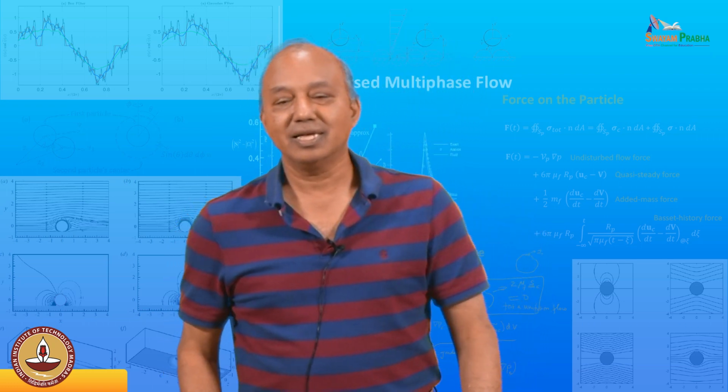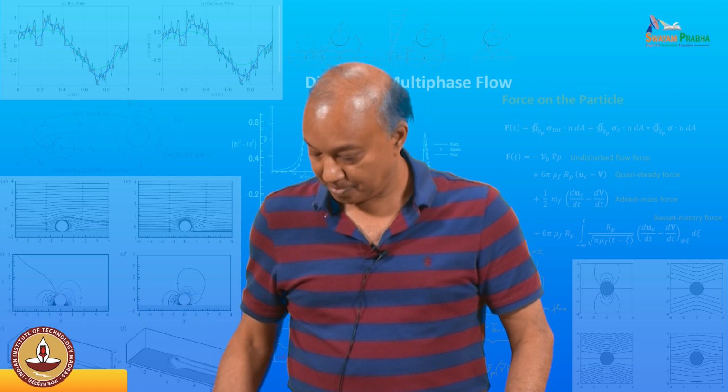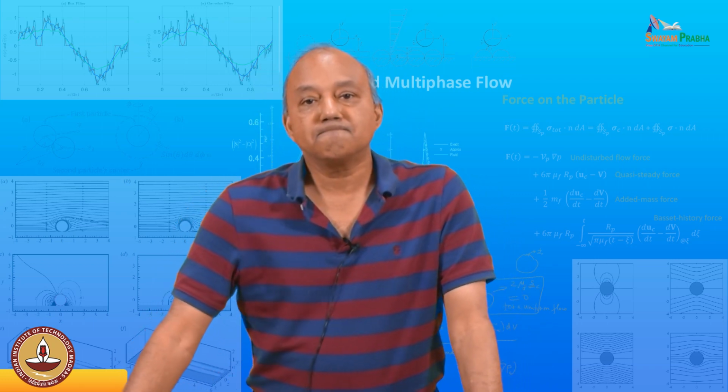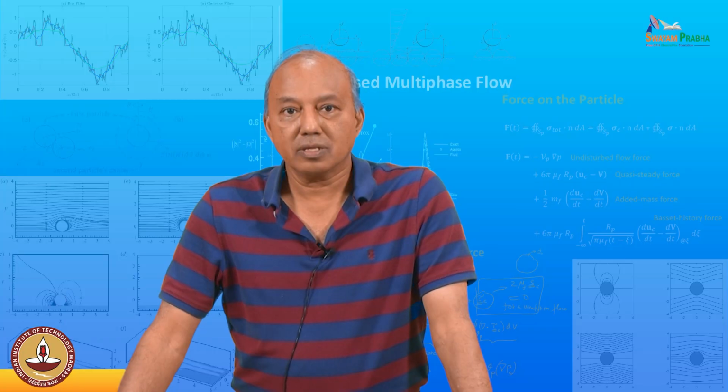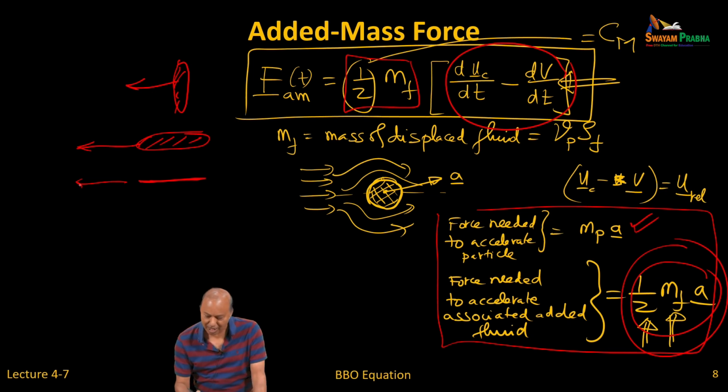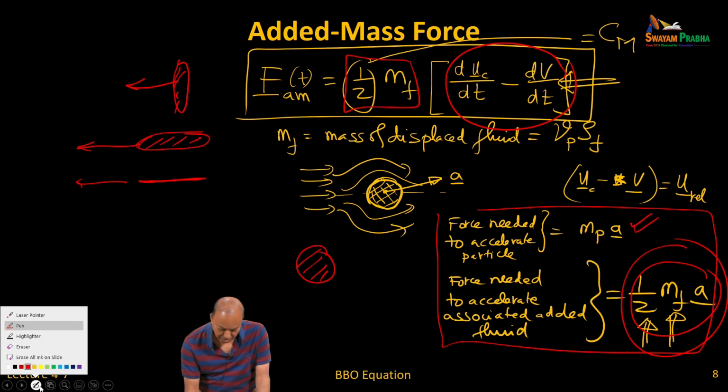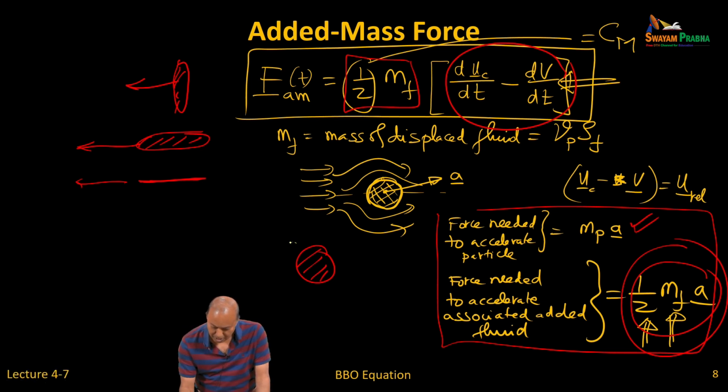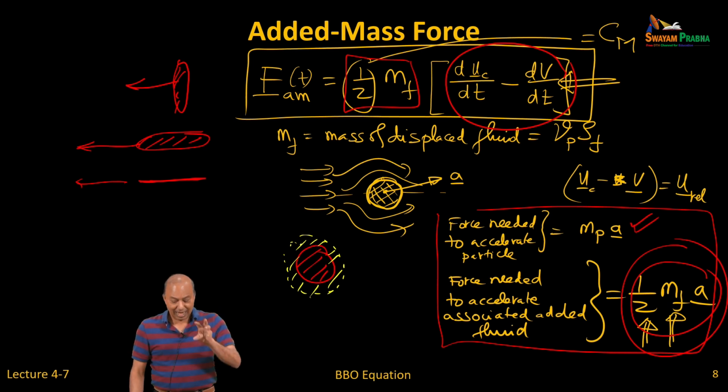Yes. Sir, as far as I have understood, we are trying to account for the displacement of the fluid particles. Our solid is moving and it is displacing the fluid in this direction, with an equivalent mass of fluid. Yeah. In other words, think of it this way: for a sphere there is a certain amount of fluid stuck to it, and that volume of fluid is half the volume of the particle.